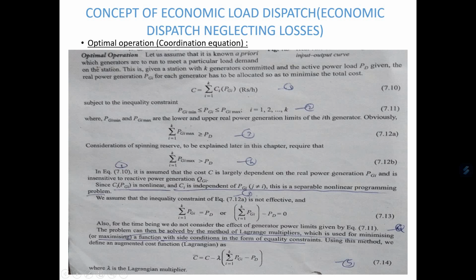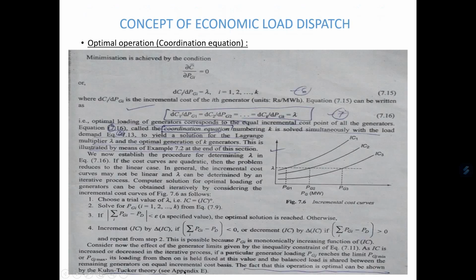In this economical load dispatch problem, the main aim of solving this equation is to reduce the cost of generation. That's why we can write the equation C bar equals C minus lambda times the bracket summation of i equals 1 to k, Pgi minus Pd, where lambda is the Lagrange's multiplier. Now how will we solve this equation, or how can we obtain the minimization condition?